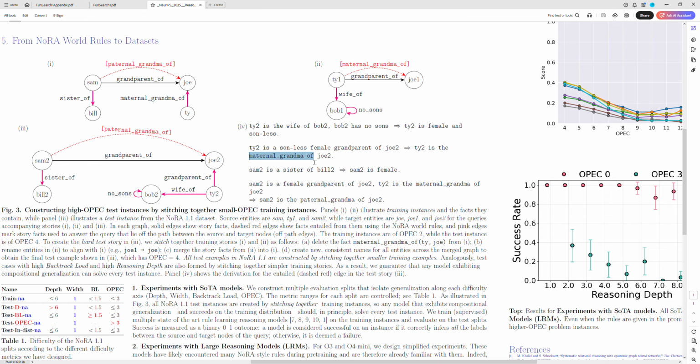So now you establish that Ty2 is a maternal grandmother of Joe2. Now you look at Sam2. Sam2 is female, Sam2 is a grandparent, so Sam2 must be a grandmother. So Joe2 already has a maternal grandmother, that makes Sam2 the paternal grandmother. That's how you find this hidden entailed relationship between Sam2 and Joe2, and that helps you solve the query of what the relationship is between Sam2 and Joe2.